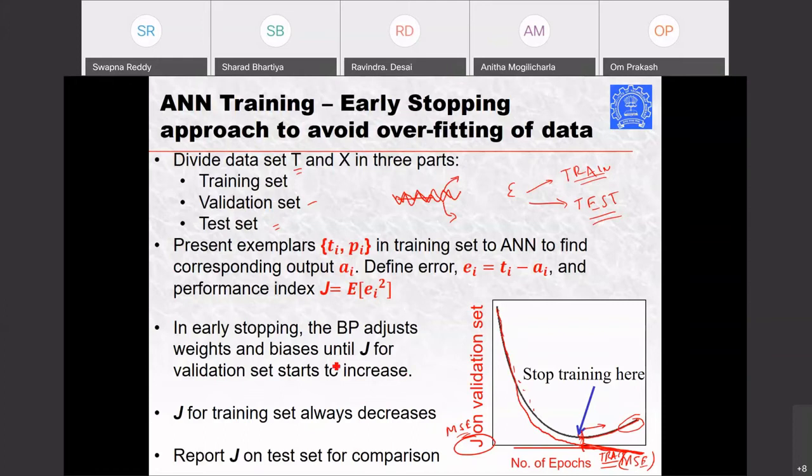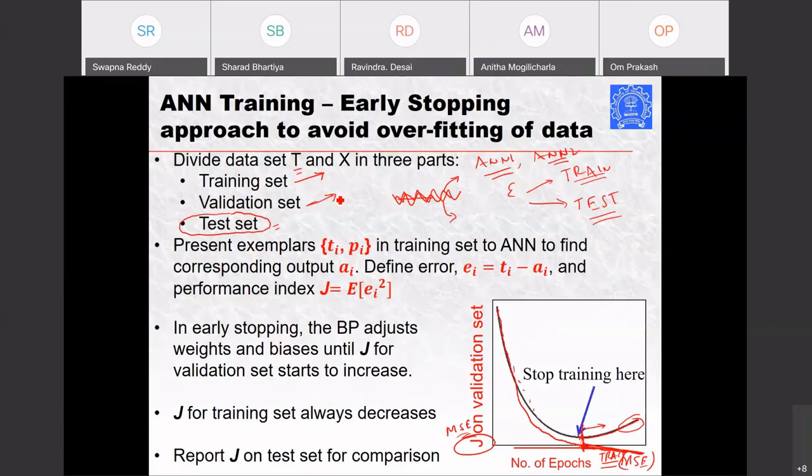So as I said, finally, there might be many neural networks. So you might have trained ANN1, ANN2, and so on. In each of these, you have used the validation set to decide where you stop. Okay, so it is useful to have a third and completely independent set. So see, the training set was used to reduce your mean square error.